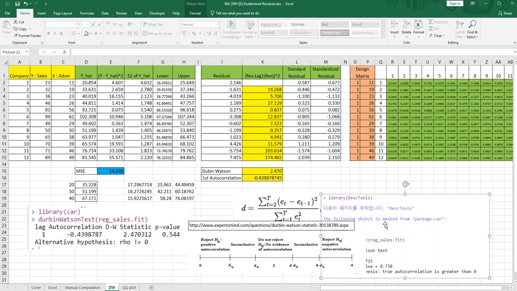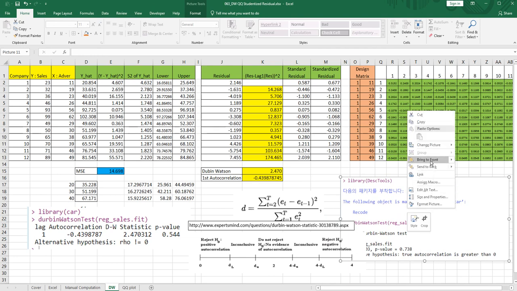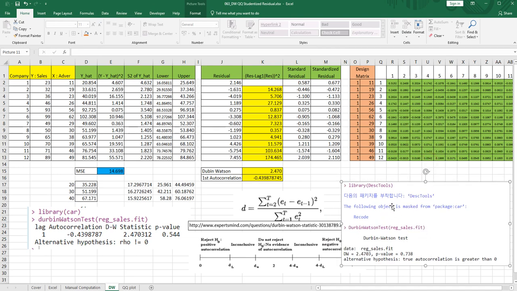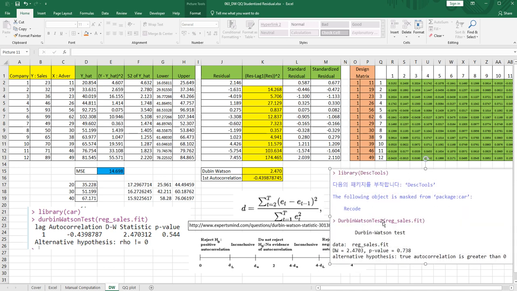You also can get the Durbin-Watson statistic by using DescTools, descriptive tools. So if you do the Durbin-Watson test, you can get this one. Same Durbin-Watson statistic, but the p-value is different because the hypothesis is different from this one.